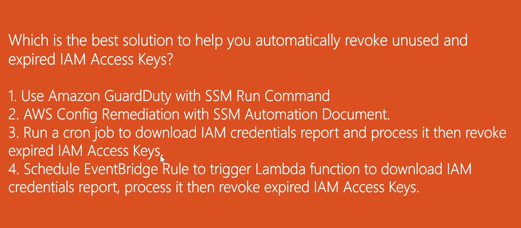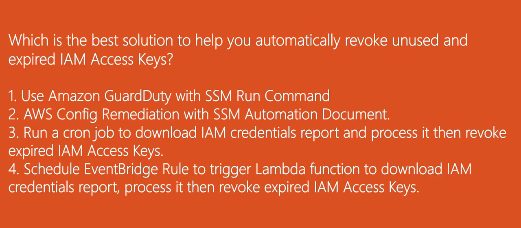That can be correct, but it is not feasible because you are increasing your operational activity. Next is a scheduled EventBridge rule to trigger a Lambda function to download the IAM credential report, process it, and then revoke expired IAM access keys. You can implement it this way, but that is also an operational overhead.